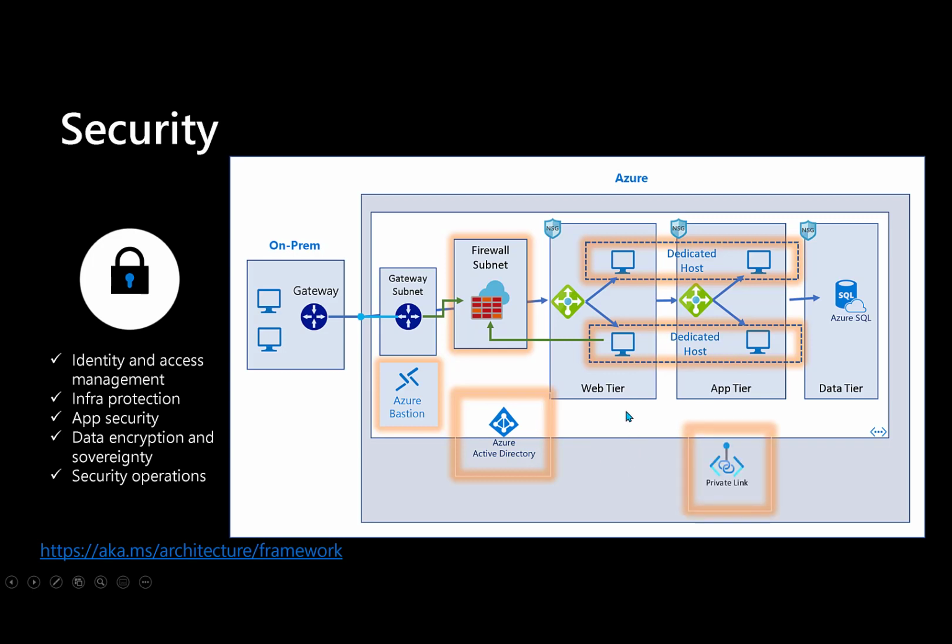Another way to increase your posture is deploying private links. Private links are secure private connections for specific resources, providing faster, more reliable connection using the Microsoft backbone network.